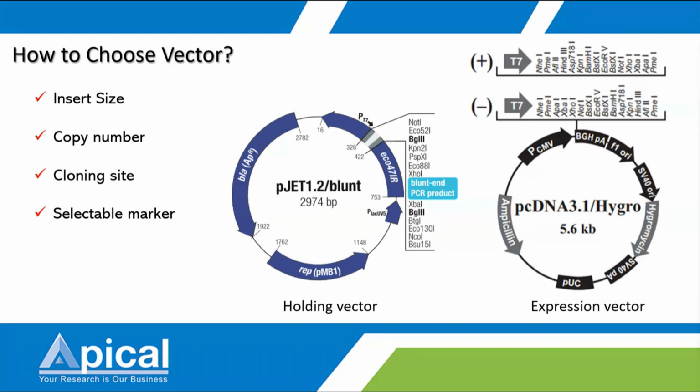Next is the selectable marker, which usually is an antibiotic resistance gene that is carried by the vector. The presence of this gene in the vector is to ease the selection of the colony that carries the recombinant plasmid. Colonies that do not carry the plasmid may not be able to survive in the medium that carries this antibiotic.